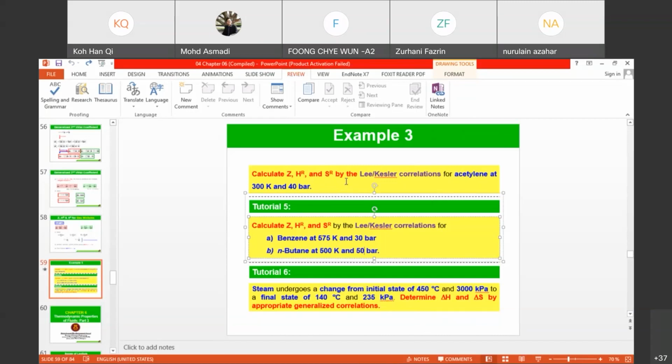Please give me the answer first, for example HR and SR. Any possible? This one is the same Lee-Kesler, and also 50 bar, 30 bar, 500 Kelvin.